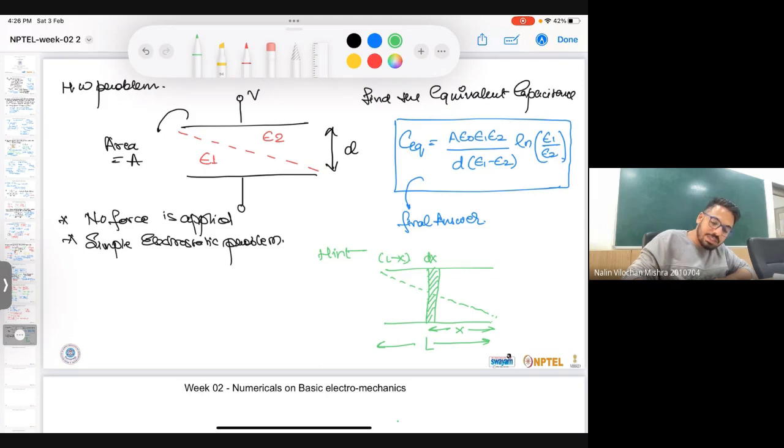Now this is a very small capacitance, dC1, and this will be a very small capacitance, dC2.